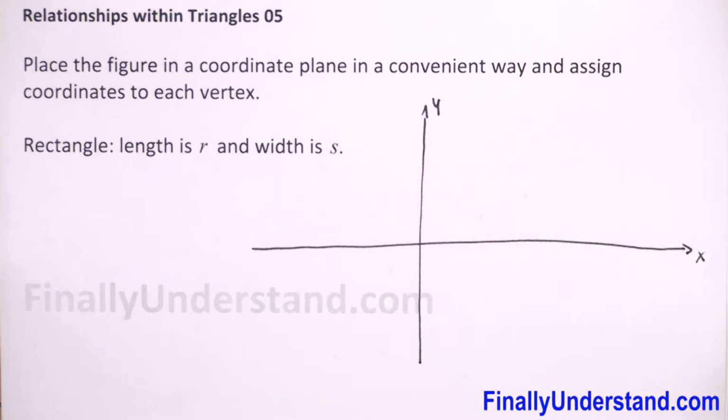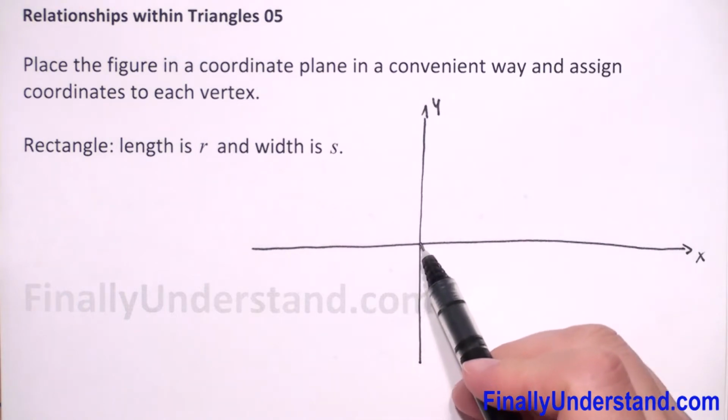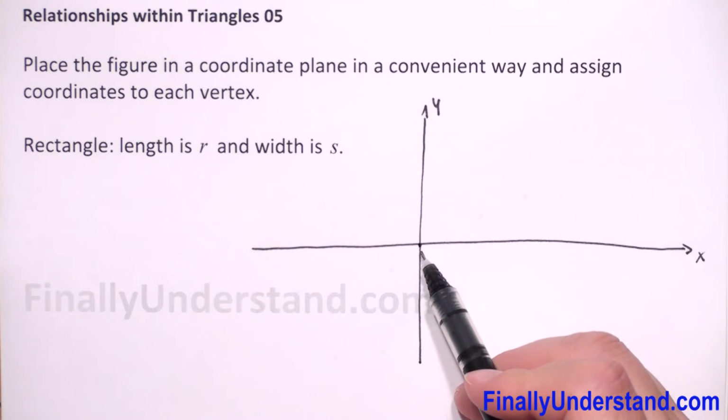Because it's easy to find the lengths of horizontal and vertical segments and distances from 0, 0, the origin, we place one vertex at the origin.